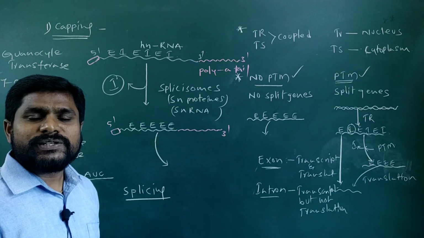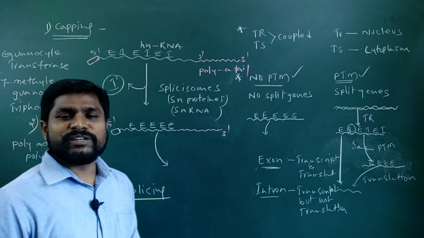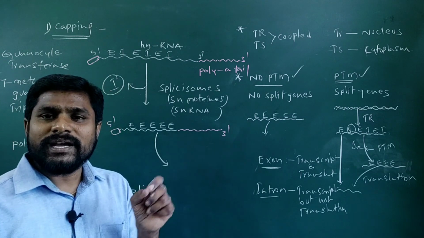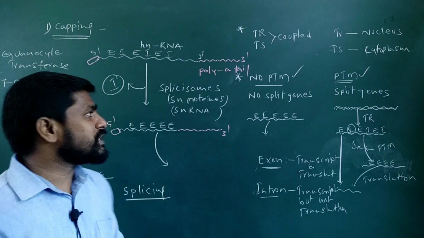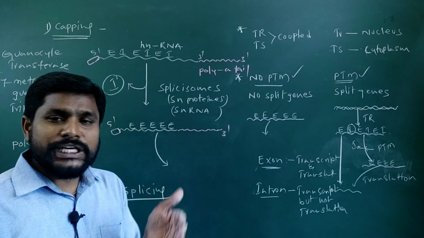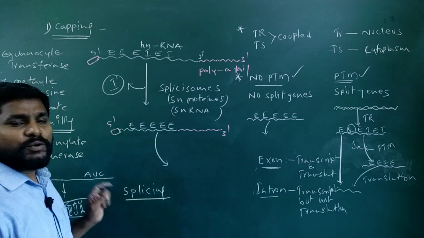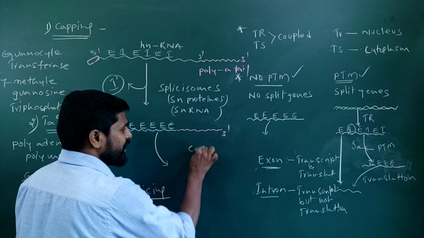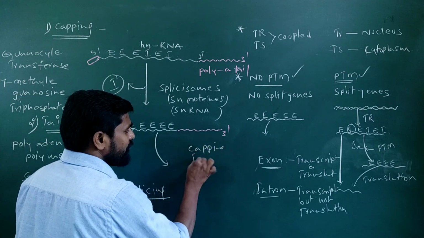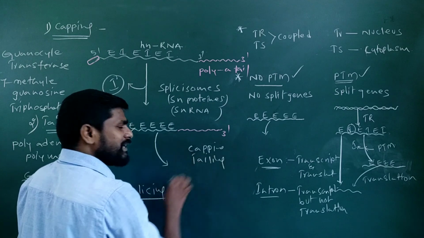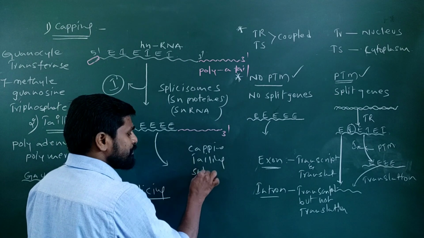The first two initial steps of these post-transcriptional modifications, capping and tailing, are very much helpful for the spliceosomes. Hence, the sequential steps of these post-transcriptional modifications are always capping followed by tailing, and capping and tailing followed by splicing.